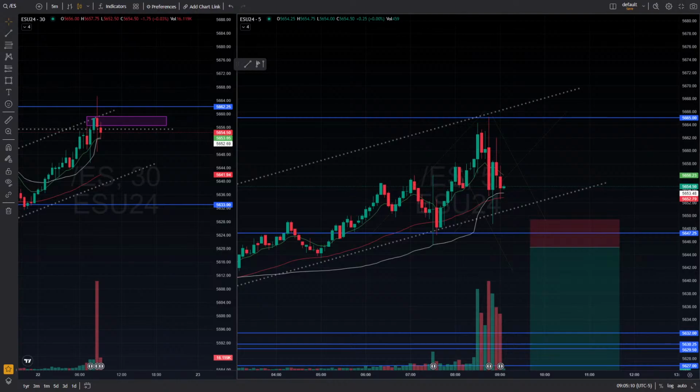So I wouldn't be surprised if this breaks the level and then recaptures it. It might be a good place to look for a 3-bar reversal there, just to confirm that it's doing that.